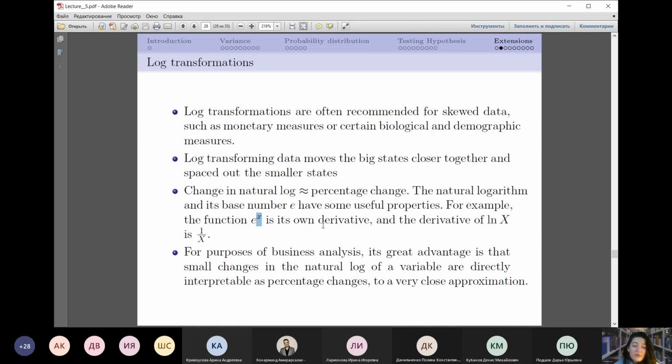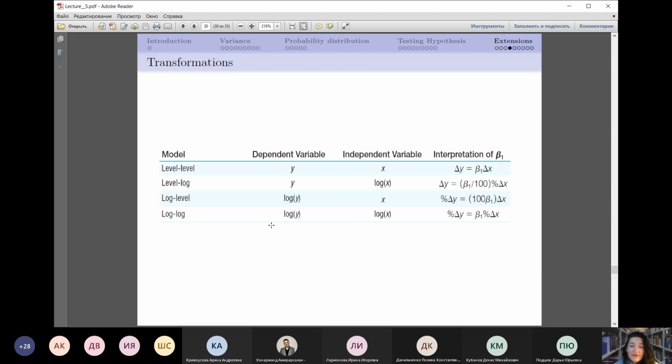For business analysis, it's a great advantage that small changes in the natural logarithm of variables are directly interpretable as percentage changes to a very close approximation. This is exactly what you can find in this table, that we can interpret small changes as approximately percentage changes in our model, as you can see in this model and in the last one.